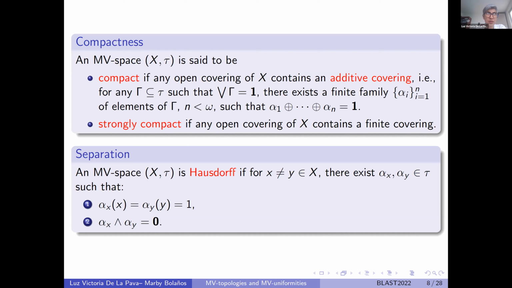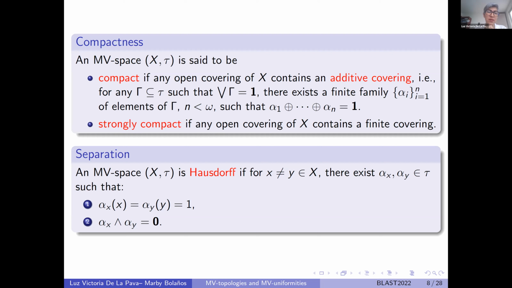There are two notions of compactness in these spaces. An MV space is said to be compact if any open covering of X contains an additive finite covering. That is, for any subset gamma of tau such that the join of gamma is 1, there exists a finite family of elements of gamma such that their sum is 1.